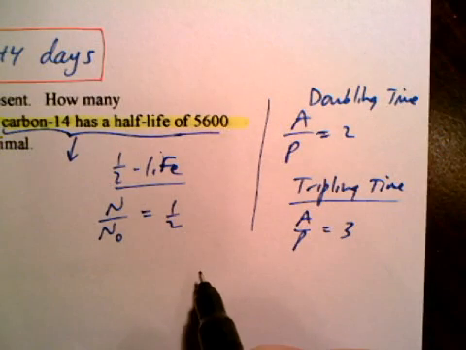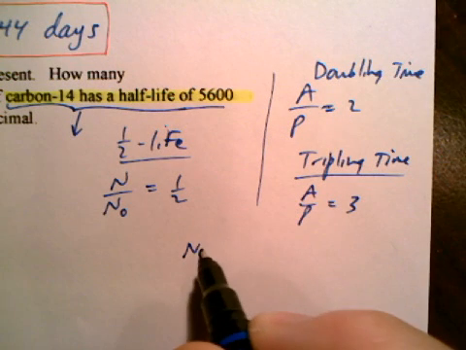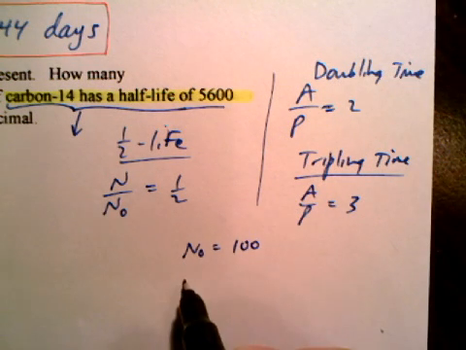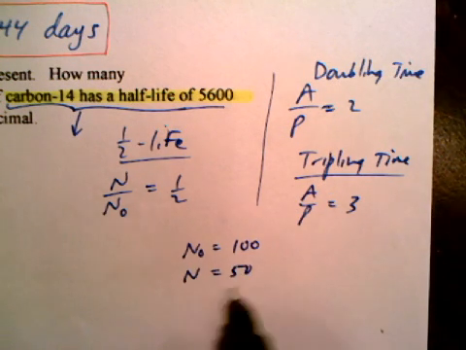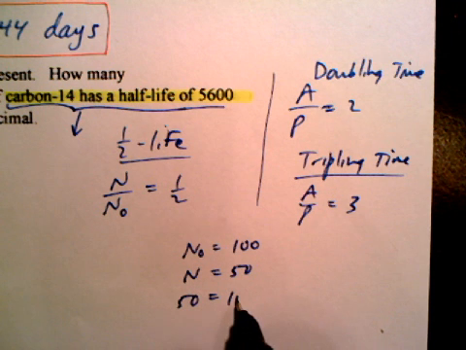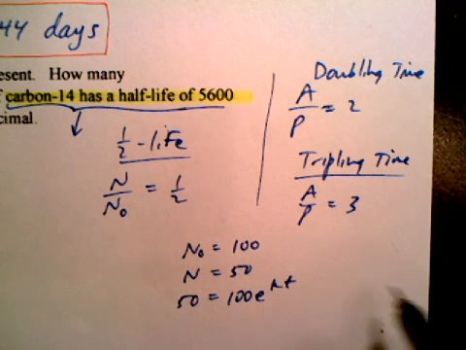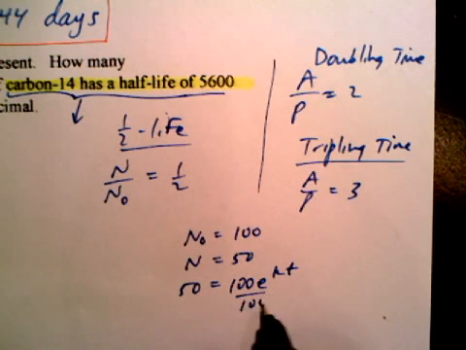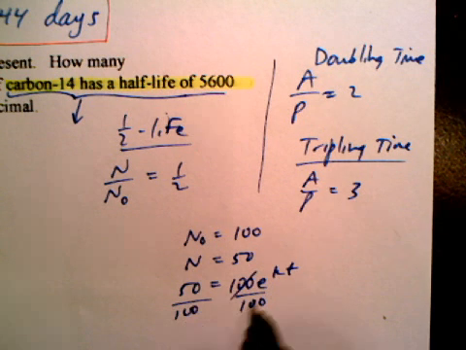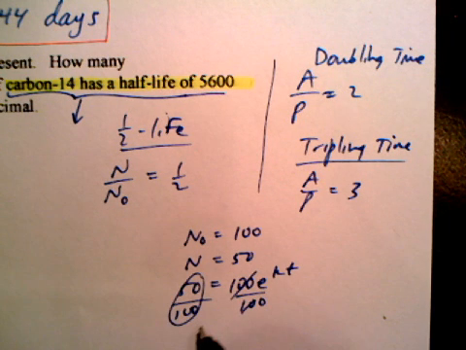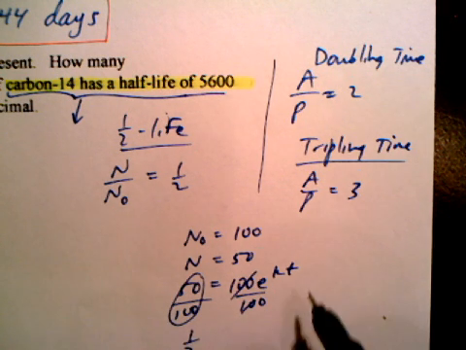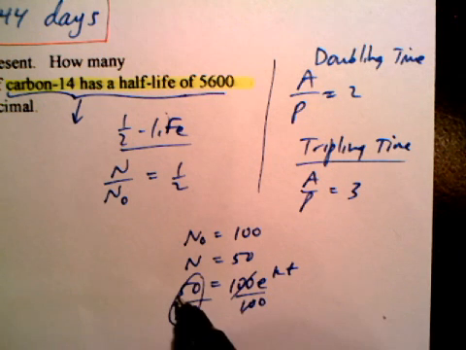For example, if we started with n sub 0 equals 100, then n would be 50. When you have 50 equals 100 times e to the kt, you divide by 100, and 50 over 100 is 1/2. If you start with 1,000, that would be 500.